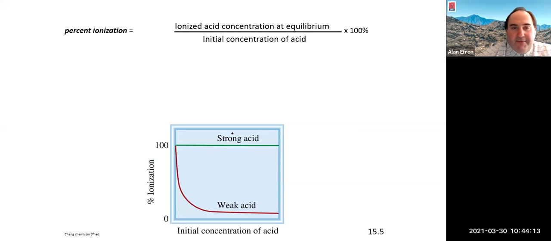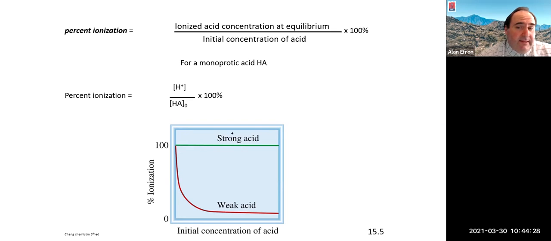All right, so now we get to what I was going to talk about. Another aspect we look at in terms of weak acids is what is sometimes referred to as percent ionization. Percent ionization for an acid is really how we check our assumption.